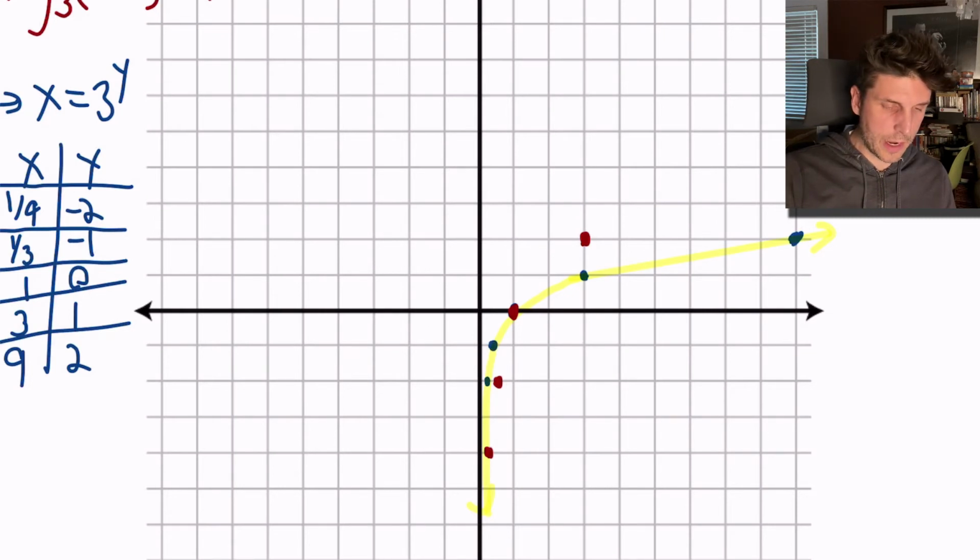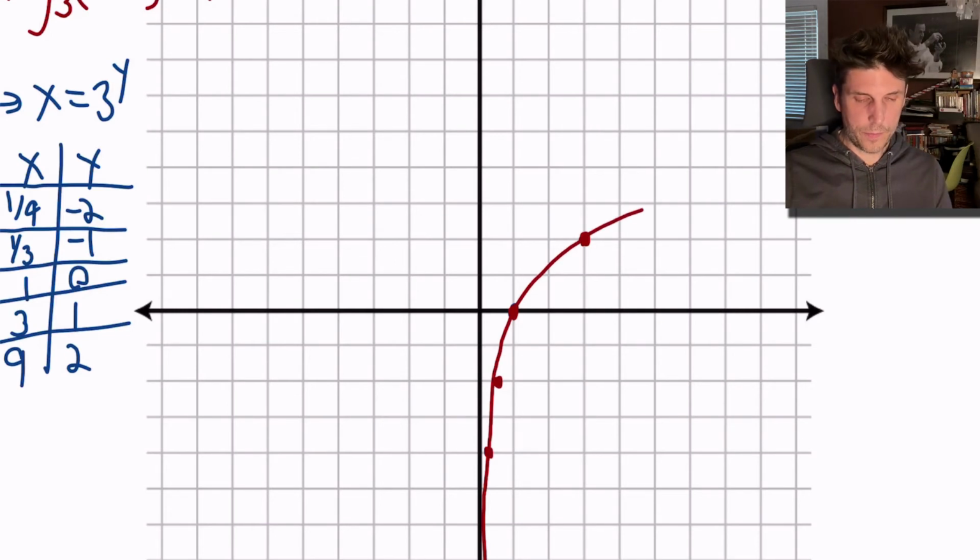And then what I'm going to do is wipe out the first function and reconnect the dots with my red marker, because I can just do a transformation now on what I have here.